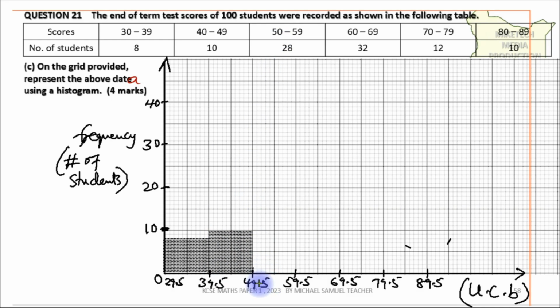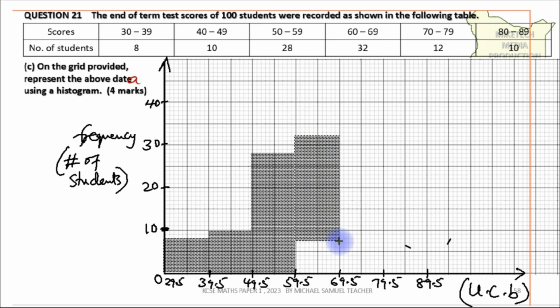Then from 49.5 to 59.5, it is 28. So from here our 28 will be at that point. Then from 59.5 to 69.5, the frequency is 32, so 32 will be at that point.